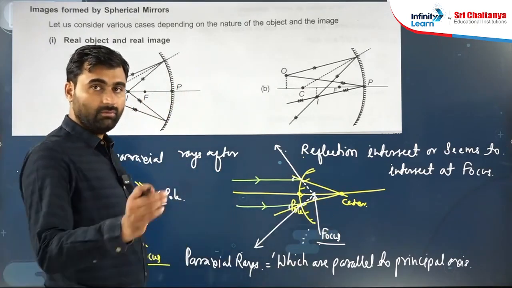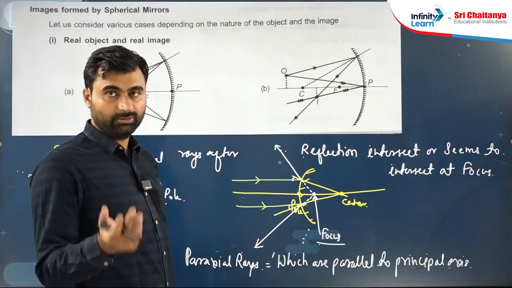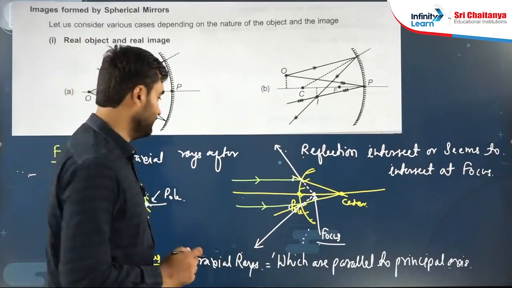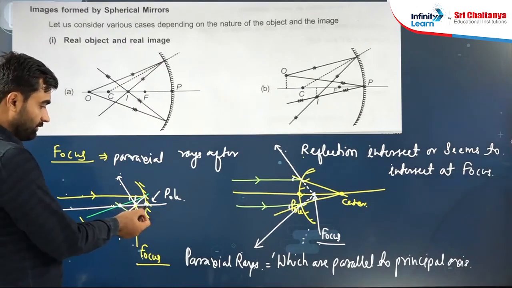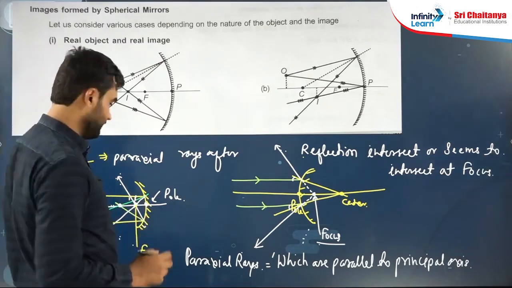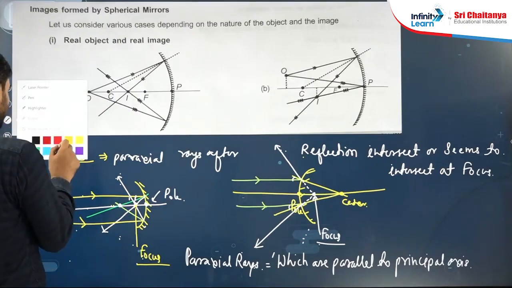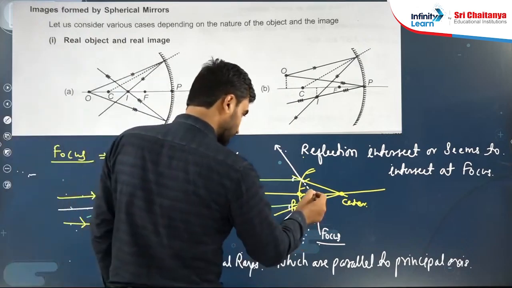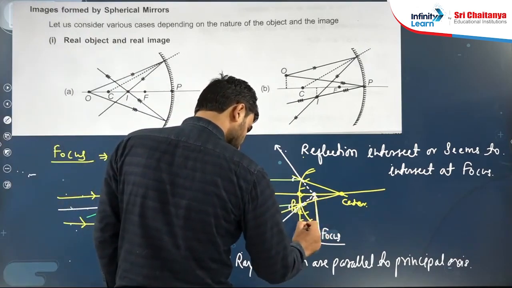Okay, now what is focal length? The distance of focus from the pole is known as focal length. This is focus, this is pole, so the distance between them is focal length.